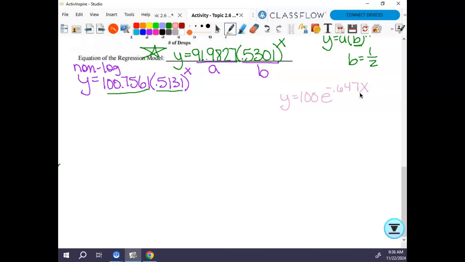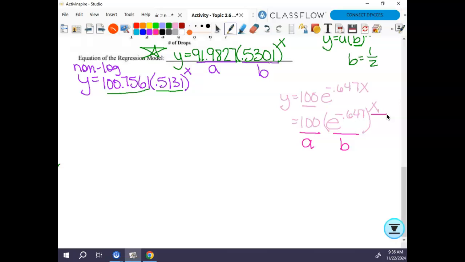That's what it says all of our data together gives us. Well, this should be 100 or close to it. We agree with that. The b should be 0.5. But if I rewrite this, 100 times e to the negative 0.647 power to the x power, now I have it in the a times b to the x power form.